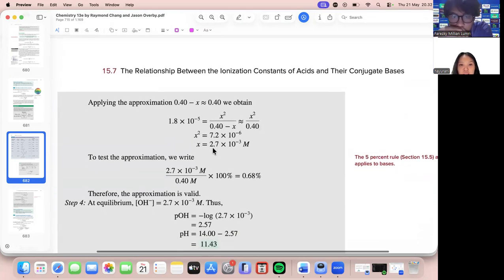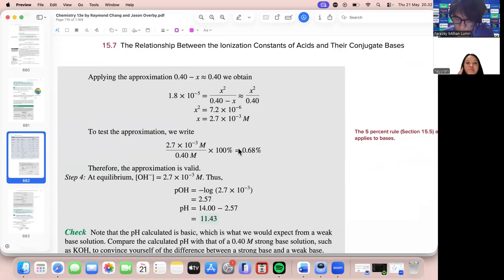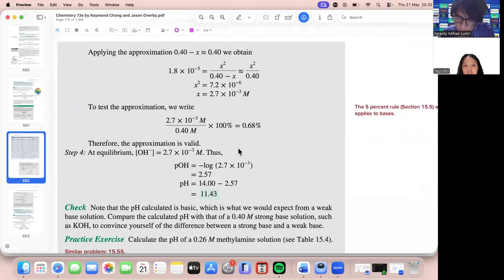The result that we got is x equals 2.7 times 10 to the power of -3 mole. Then to test the approximation, we multiply by 100%, and the result is 0.68%. The approximation is valid, so we can continue to the next step: at equilibrium, the OH minus is 2.7 times 10 to the power of -3 mole.